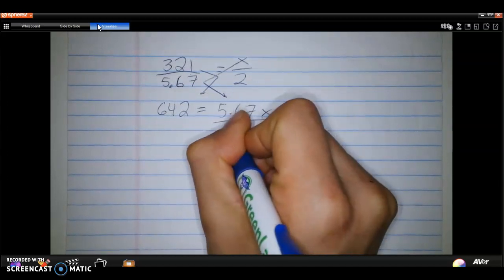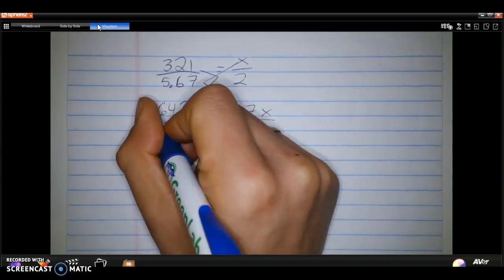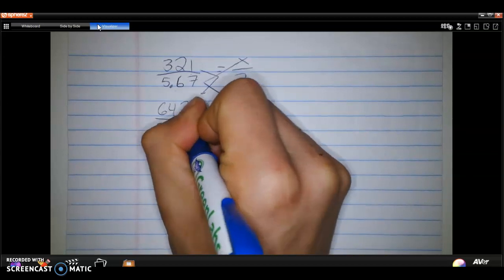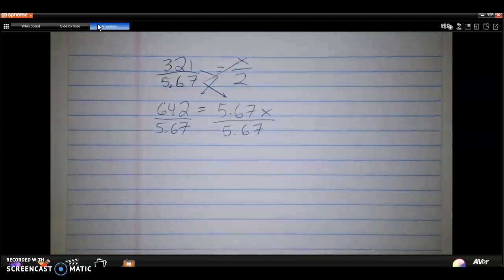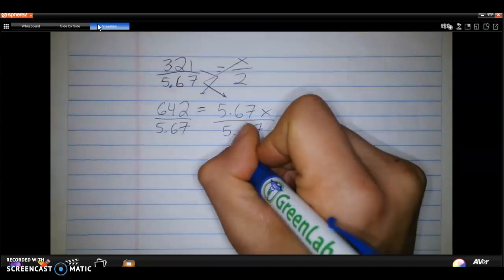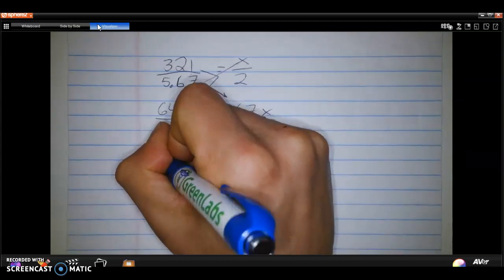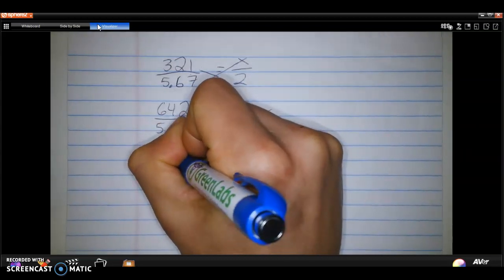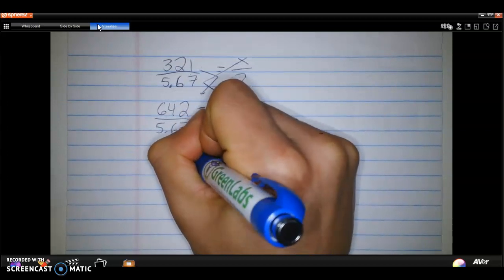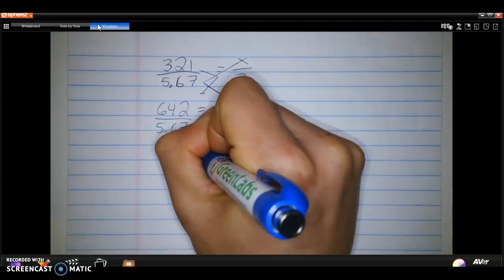We divide both sides by 5.67. Let's try that out. 642 divided by 5.67. Oh, got a syntax error. Oh, that's because I put that. And we get x is equal to 113.23 feet.